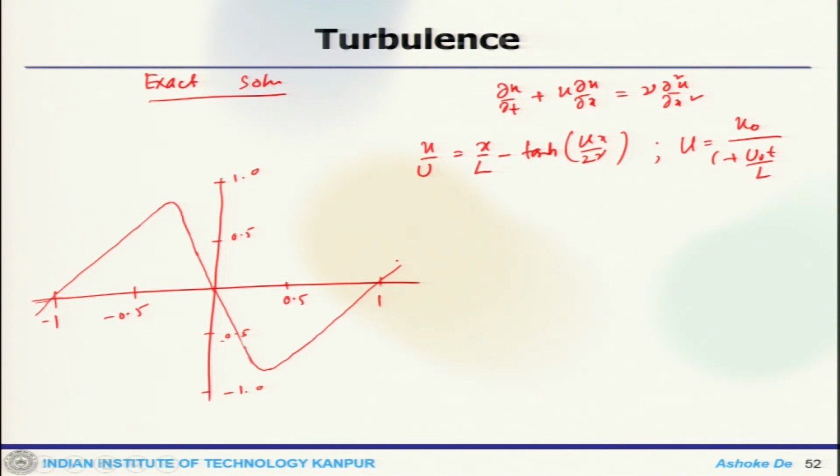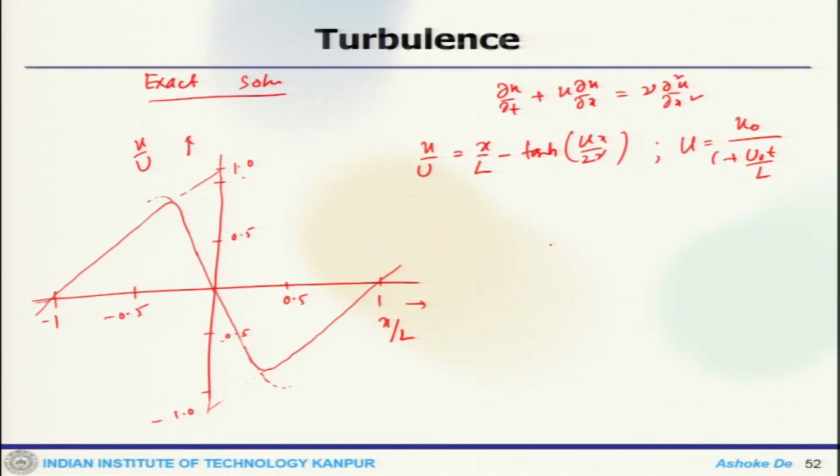So, we can see this is the, so we can extend this a little bit and make this point 1, and also we can make this point as 1. So, this is my axis x by L, this is my u by capital U.